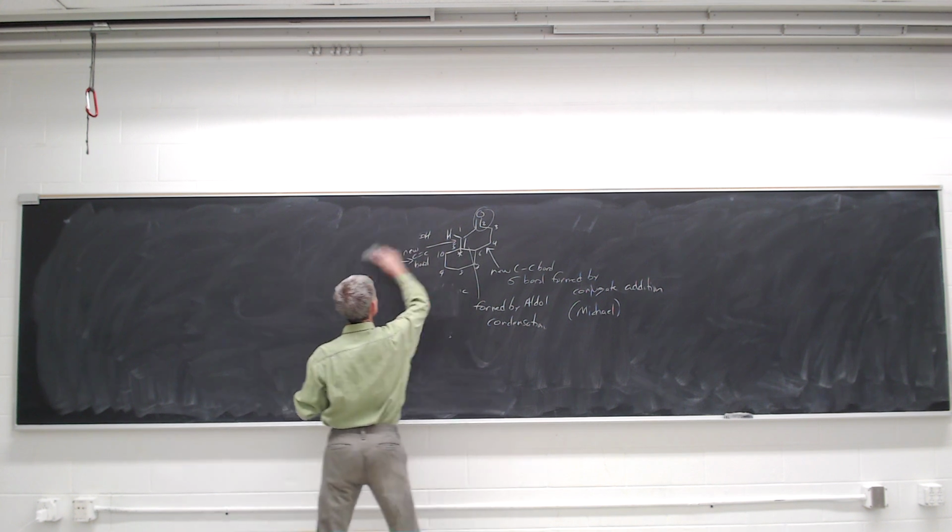The full mechanism of the Robinson annulation will be 8 steps. The Michael addition will be 3 steps, and then the aldol condensation will be the usual 5 steps. See Michael addition.